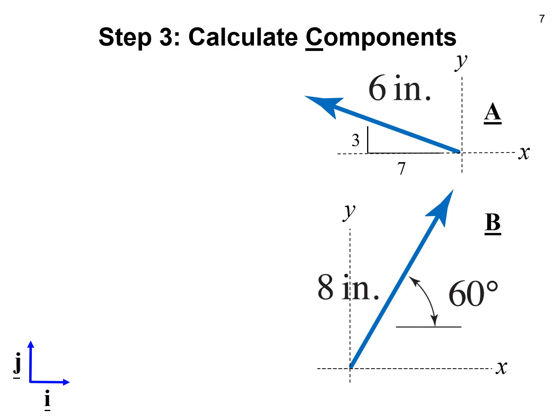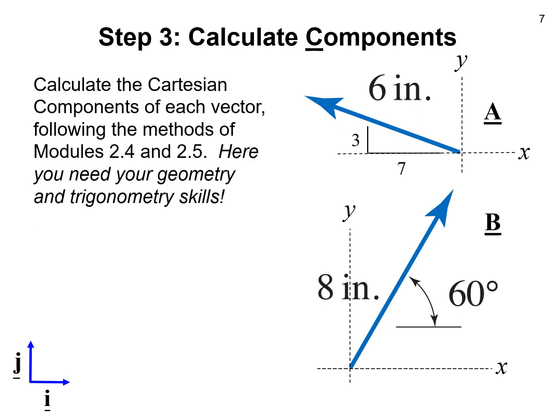So the third step, C, is for components. We're going to calculate the components of each vector. Now, I will not do this in full detail. I'll just mention that this is now exactly the same method that we learned in the previous 2 modules about using either angular or slope information. And it's again a great time for you to practice your trigonometry skills. So I won't do all the details here, but I'll point out a few things.